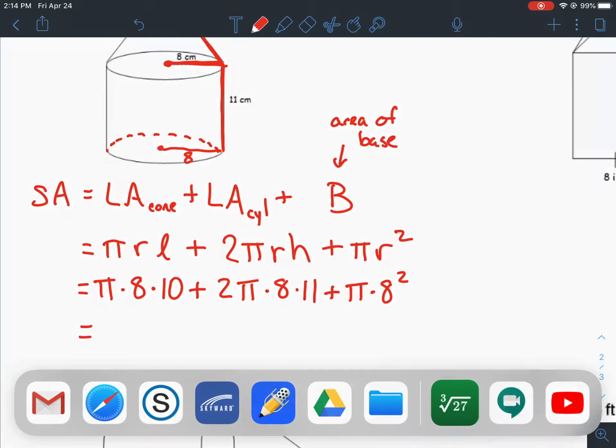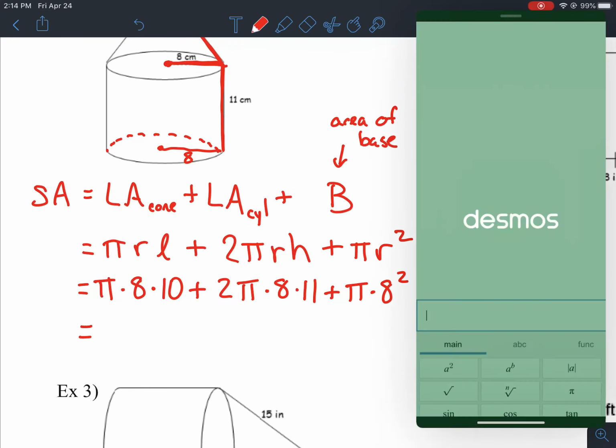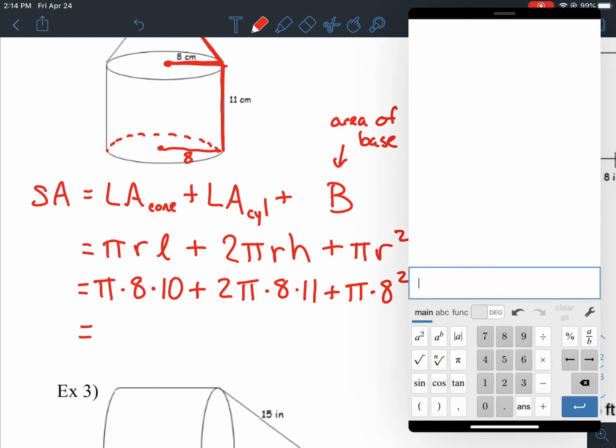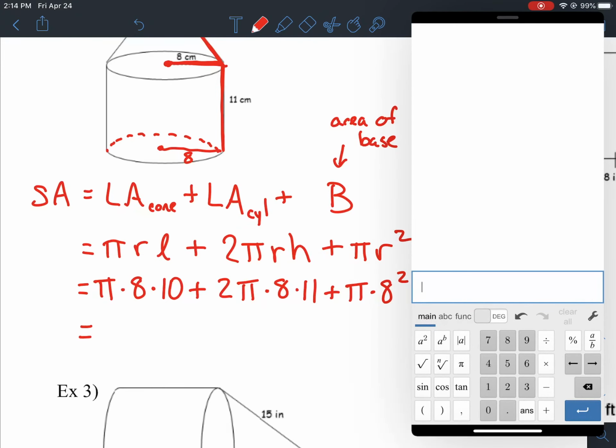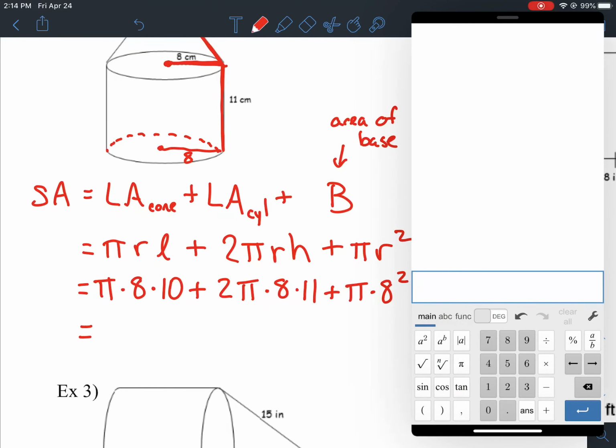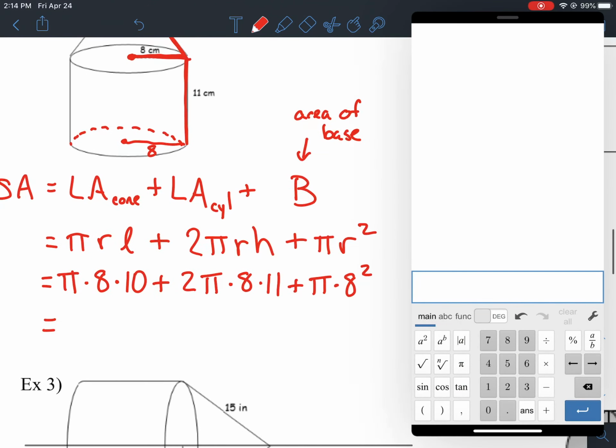So let's take a look here. If we do a little side by side, maybe. Forget the side by side.